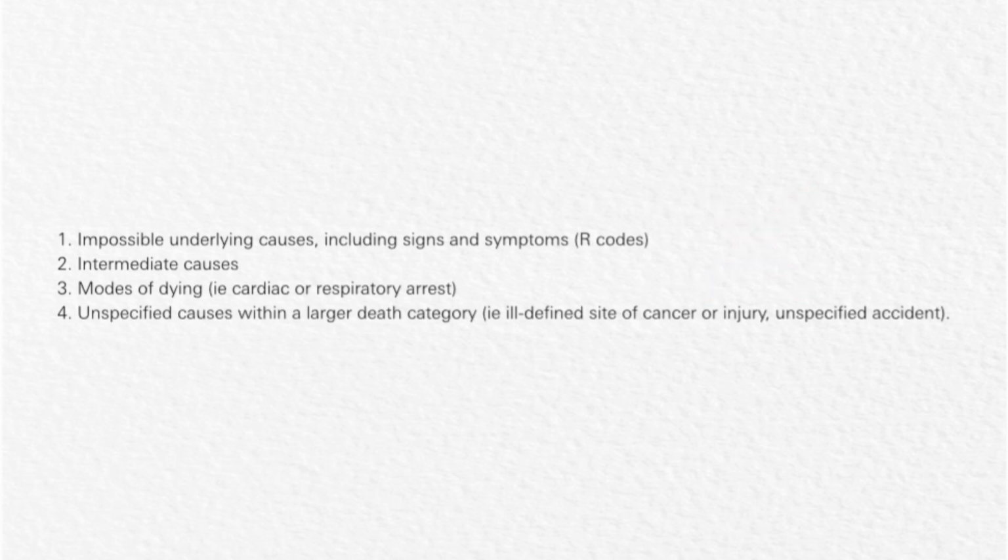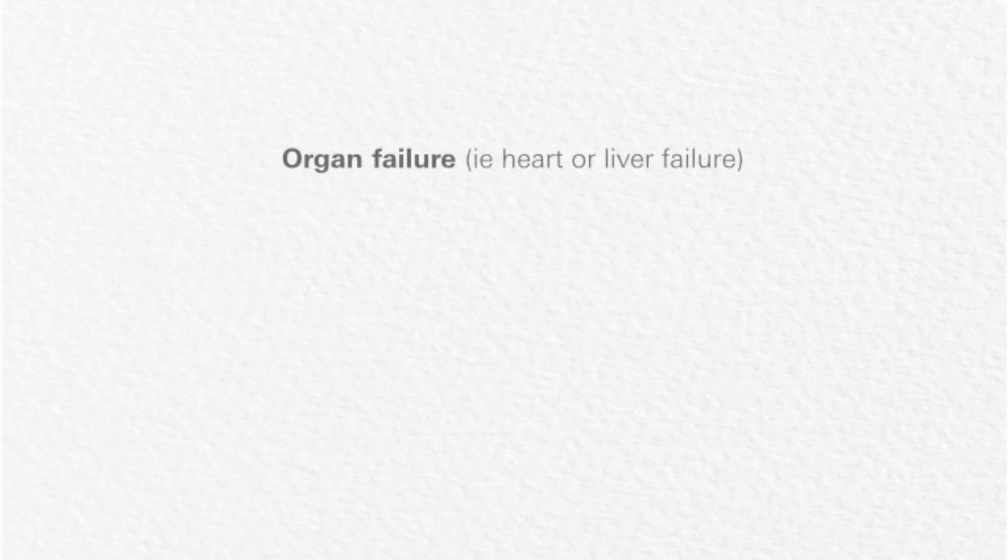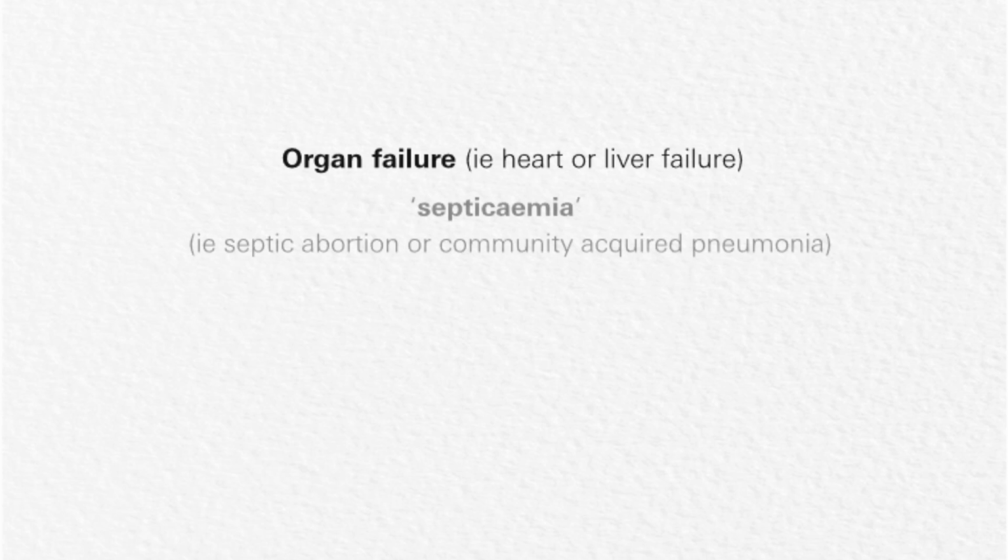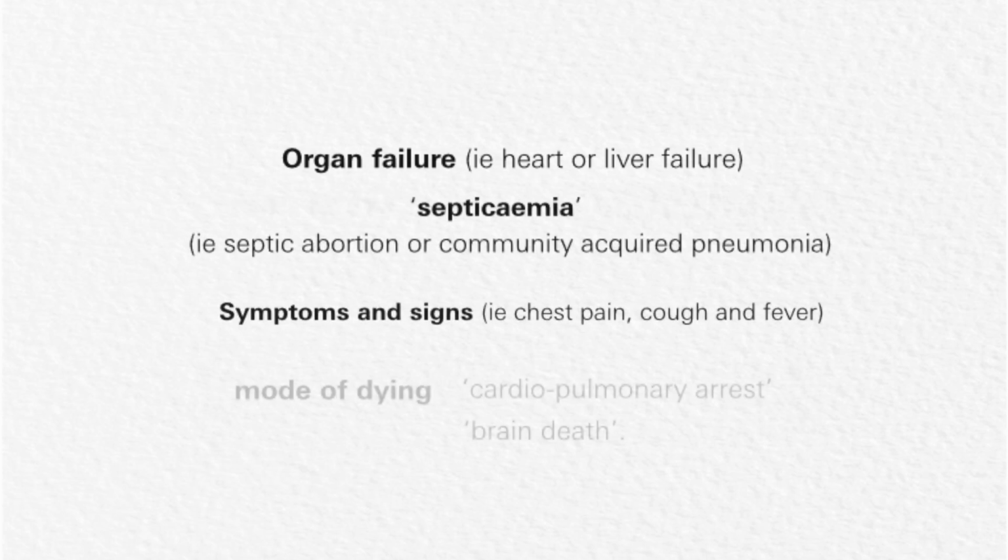One should also avoid 4 conditions to specify. Number 1. Organ failure, examples such as heart or liver failure. Number 2. Septicemia, where the source of infection, like septic abortion or community acquired pneumonia, should be included. Number 3. Signs and symptoms, examples chest pain, cough and fever.